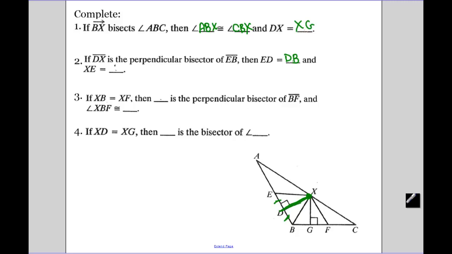XD is the perpendicular bisector. X is a point on that. EB is the segment that it bisects, so therefore X is equidistant from the endpoints of that segment. That means that XE, this segment here, is equal to XB, because X goes from X to B, so that's XB.